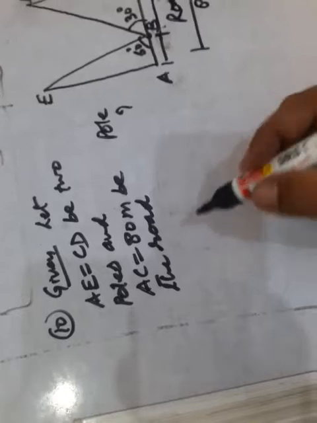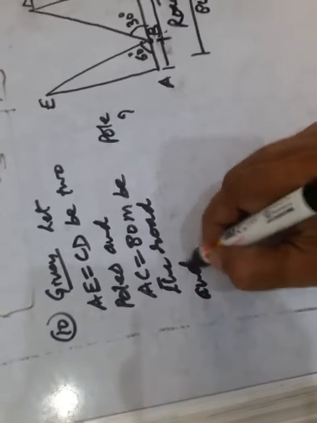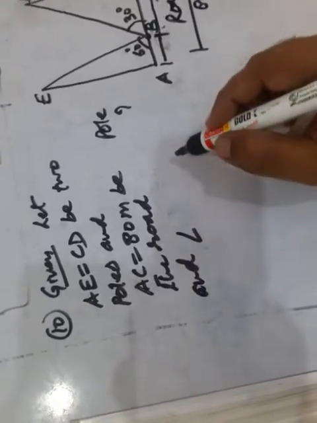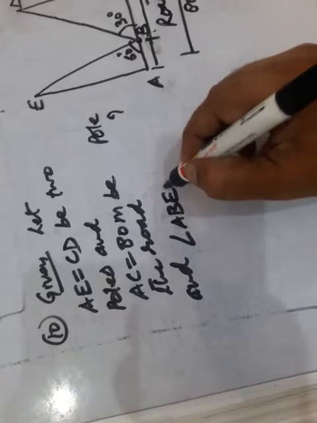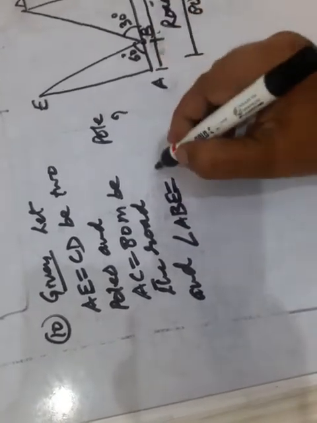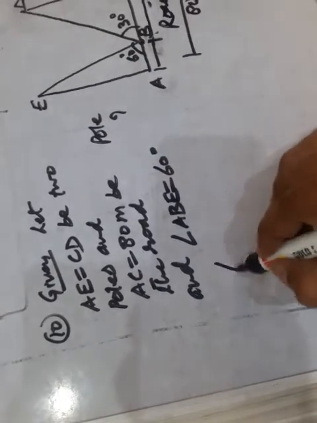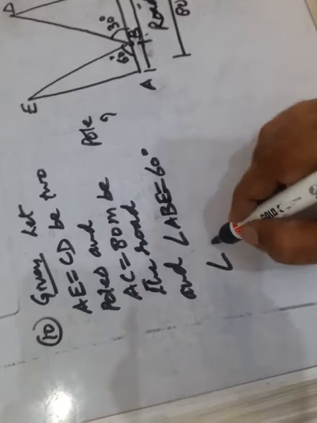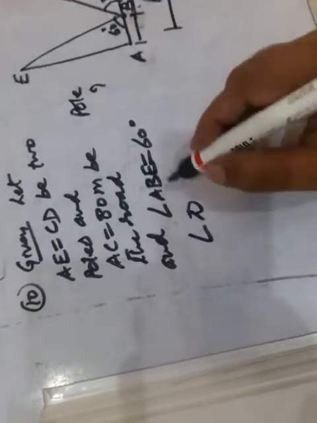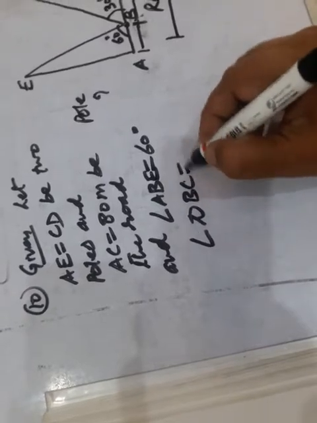Okay children, and angle ABE equal to 60 degree, angle DBC equal to 30 degree.